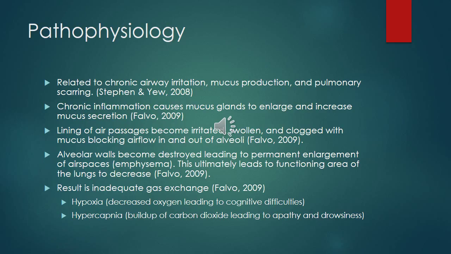So you'll see it's a chronic condition that actually is a cycle as it moves forward. As the irritation happens, it leads to more mucus production, which then creates more difficulty in expelling the mucus, and then you lose the ability for the ventilation to occur throughout the lung and the respiratory system.